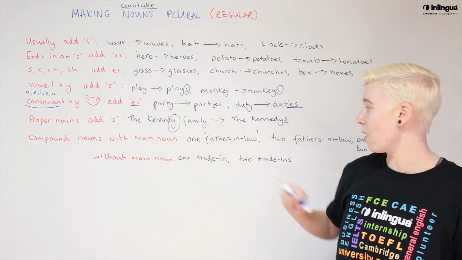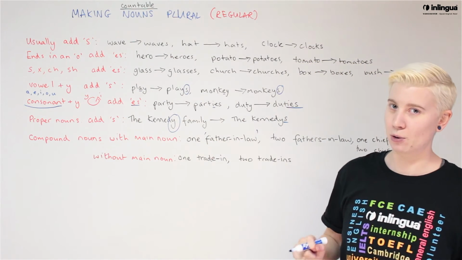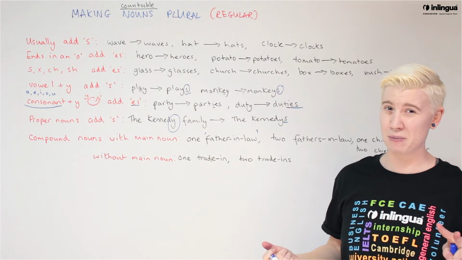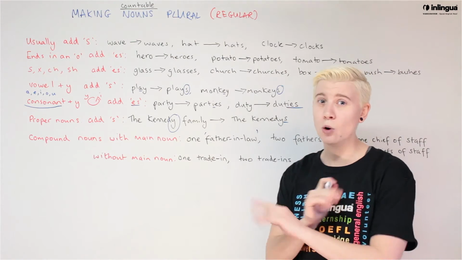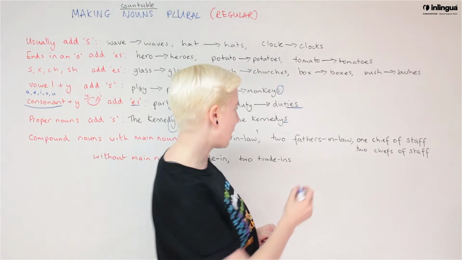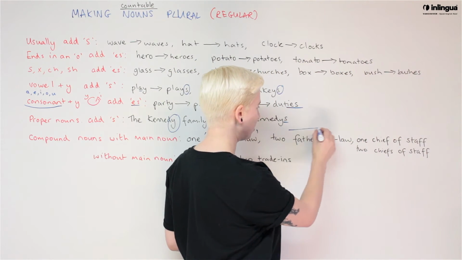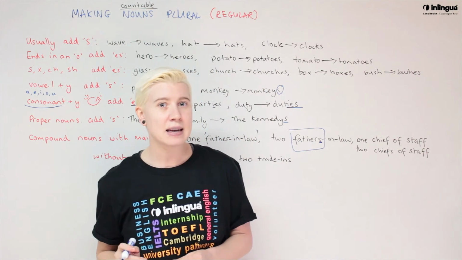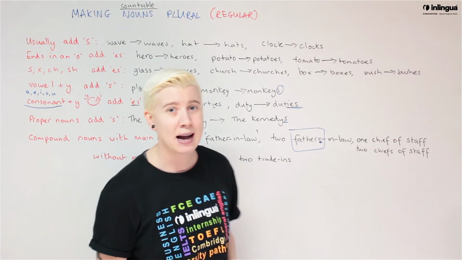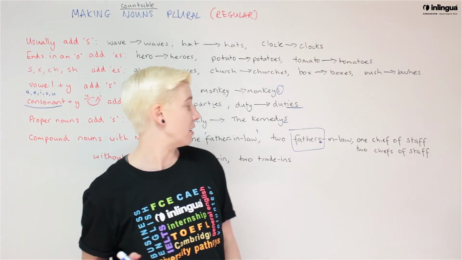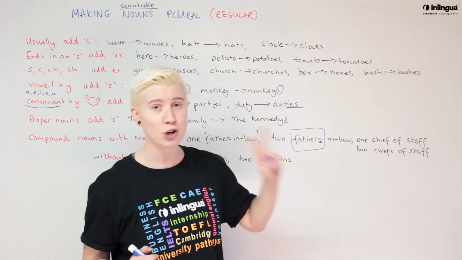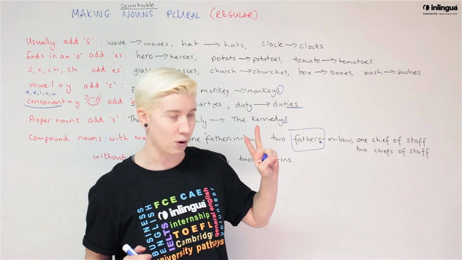And when we have one of them, nice and easy, one father-in-law. But if we have two of them, do we say father-in-laws? No, we don't, okay? We have to add the S onto the main noun here. The main noun is father, and we need to add the S to father. So it's one father-in-law, two fathers-in-law.